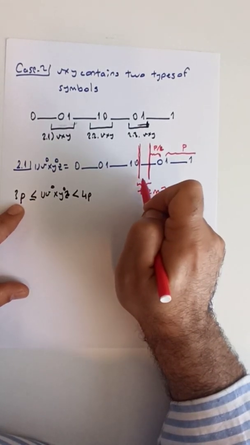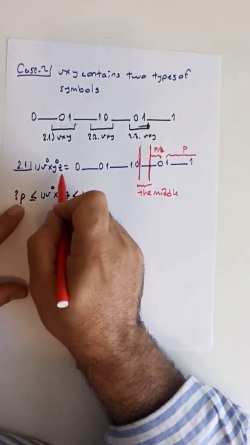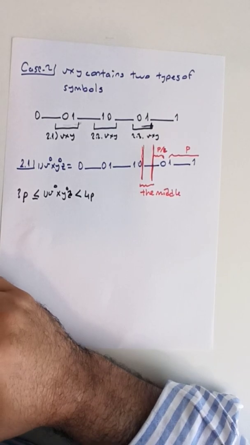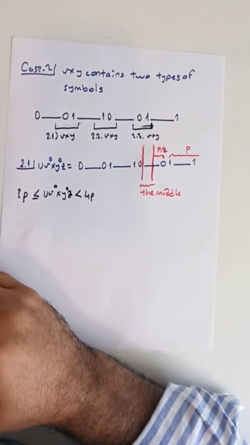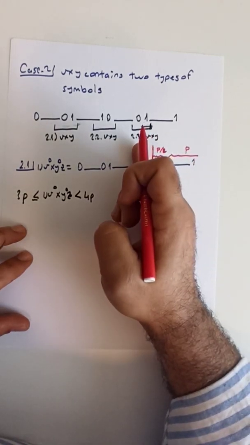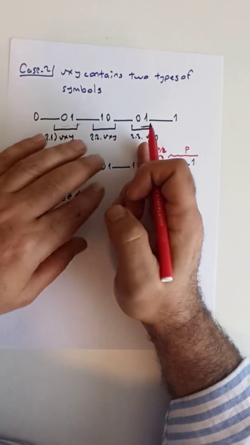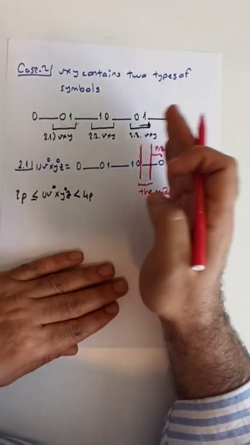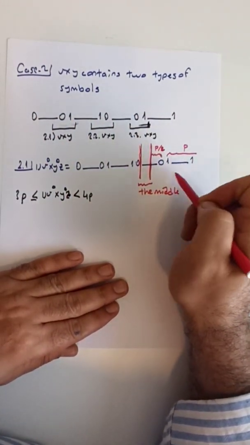This range is where the middle of the string uv to the 0, xy to the 0, z lies. Now if we consider the string divided into two equal length halves, for the right half we have p many ones.